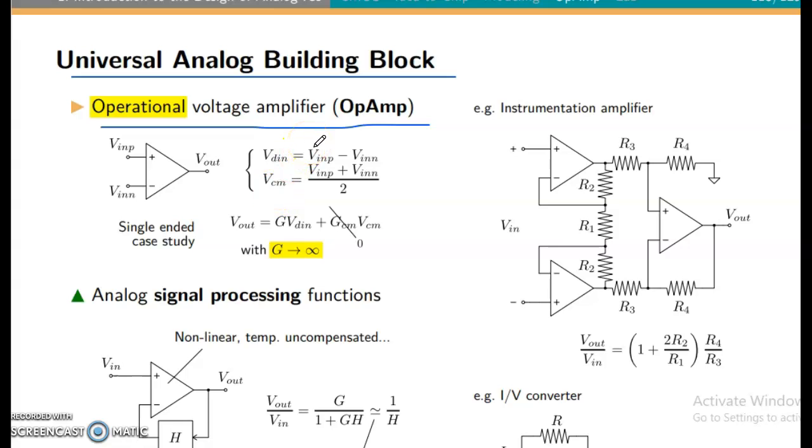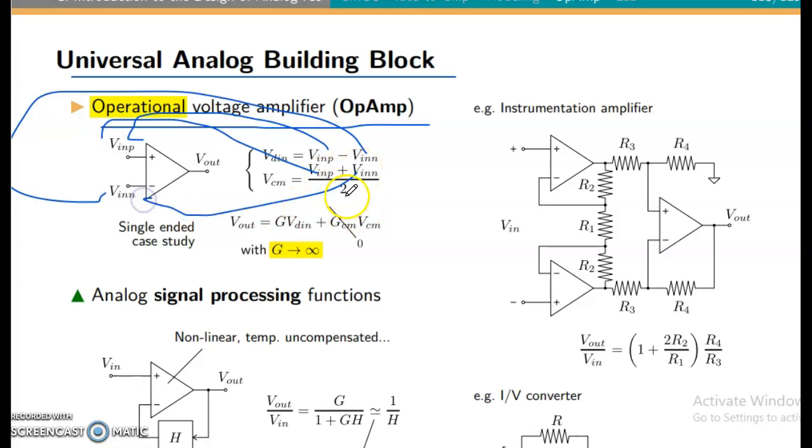VDN equals V input positive minus V input negative, and VCM equals V input positive plus V input negative divided by 2. Okay.